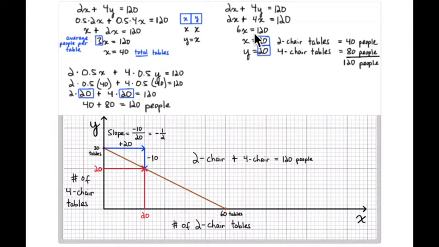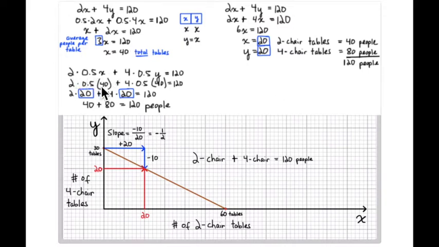All right, so let's look at these side by side one last time. 50% of the number of tables can seat 2 people, and 50% of the number of tables can seat 4 people. You get an average per table of 3 people per table. 40 total tables.